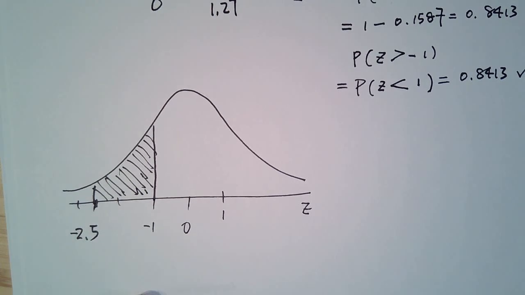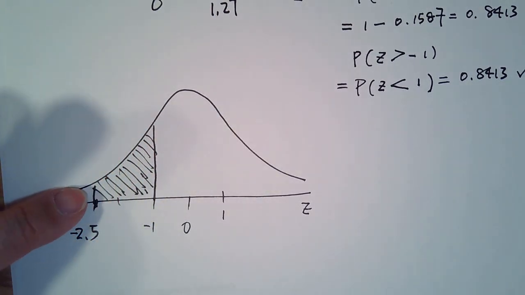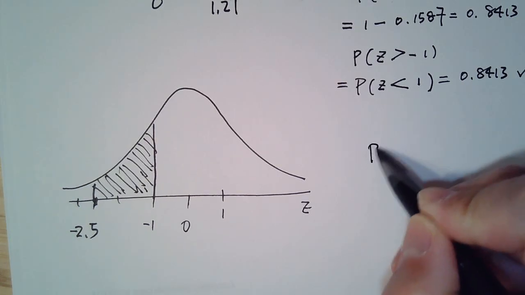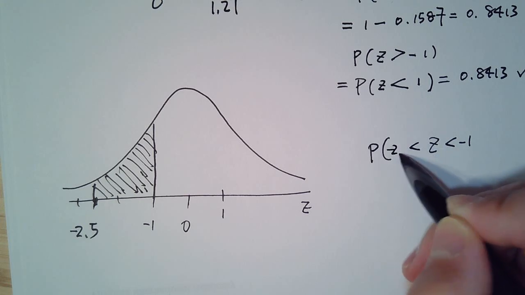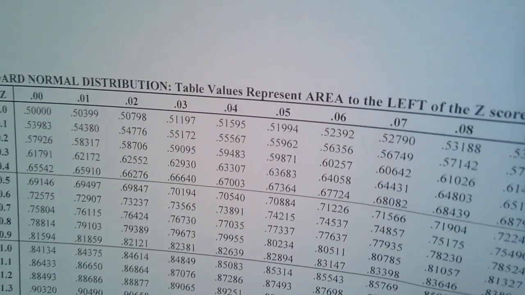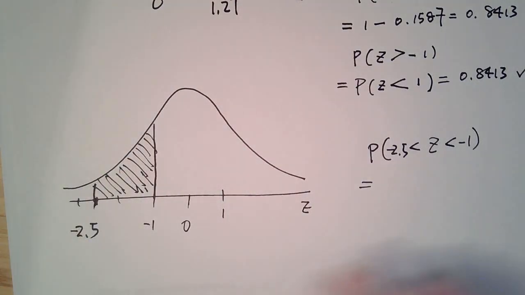Then you should look at the area to the left of -1 and subtract the area to the left of -2.5. So the probability that the z-score is between -2.5 and -1, we look at the negative table.